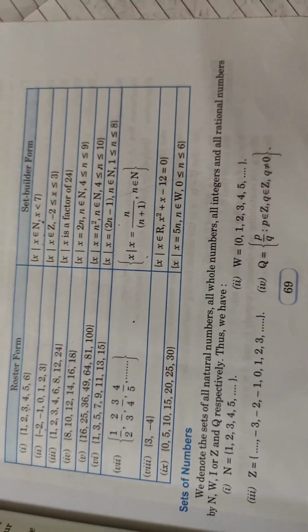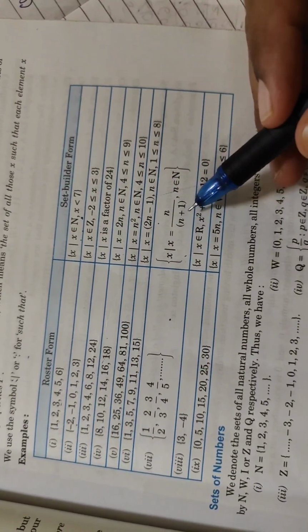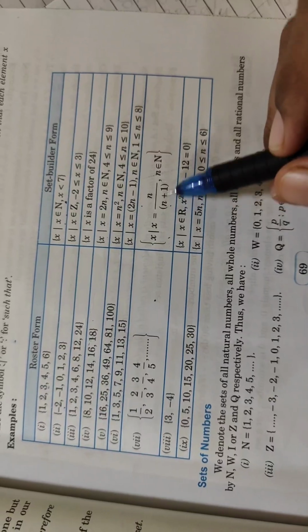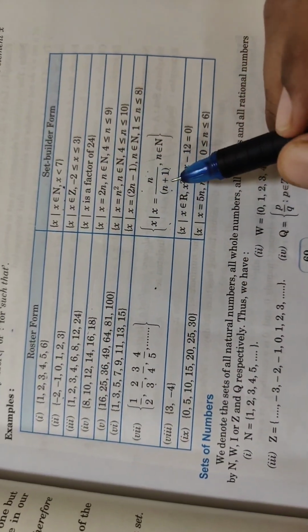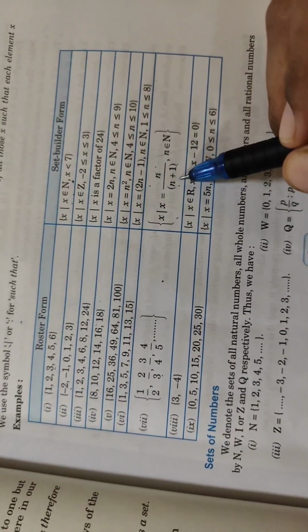So if n is 1, then 1 upon 1 plus 1, which is 1 upon 2. 2 upon 2 plus 1, which is 2 upon 3. 3 upon 3 plus 1, which is 3 upon 4. 4 upon 4 plus 1, which is 4 upon 5, and so on.